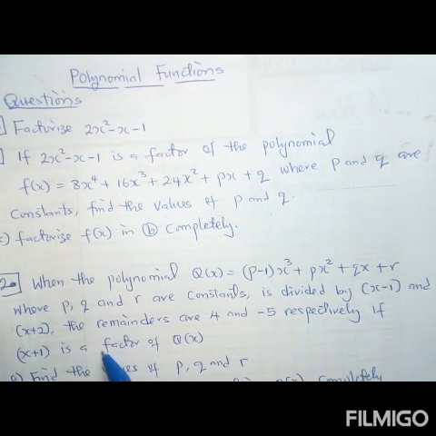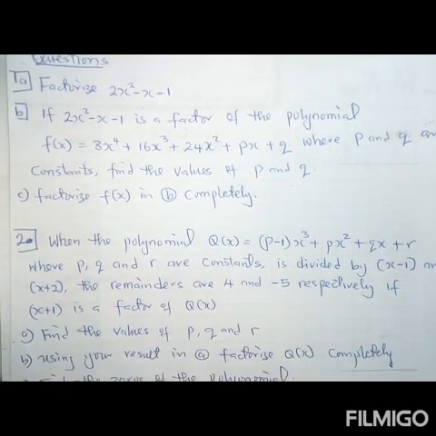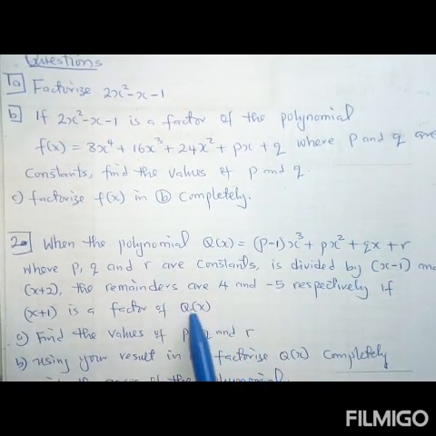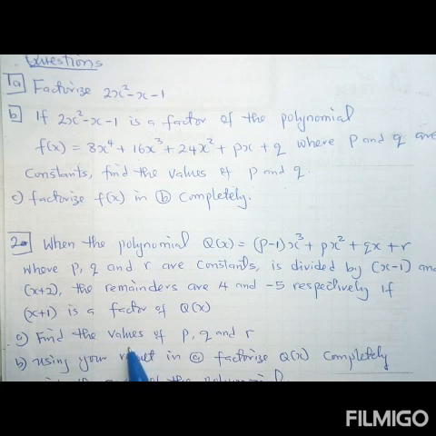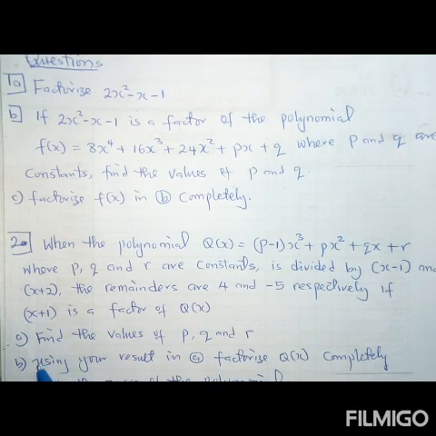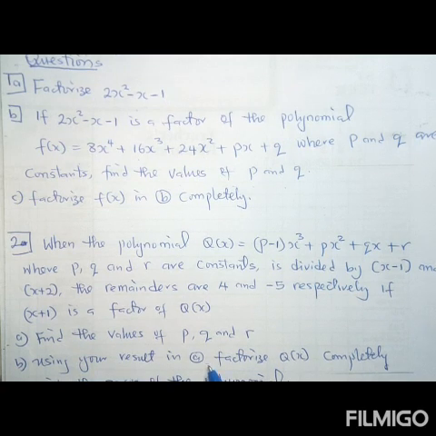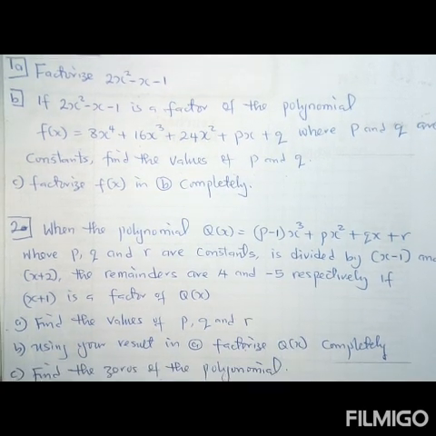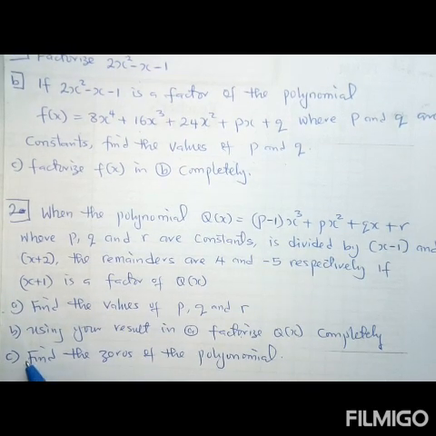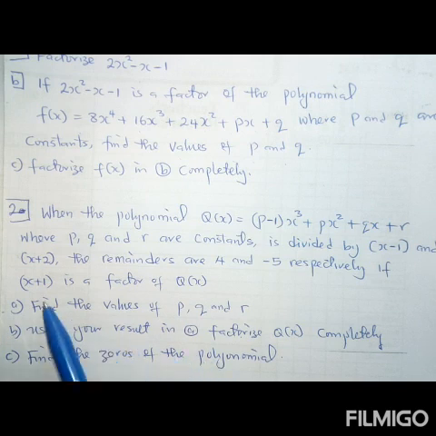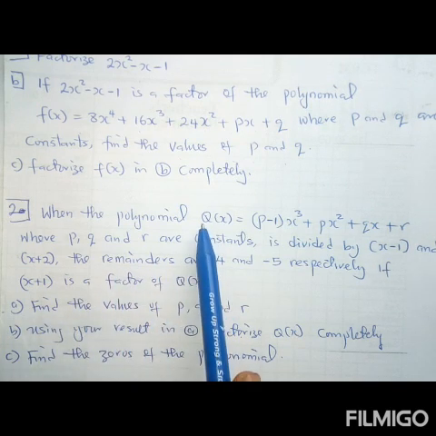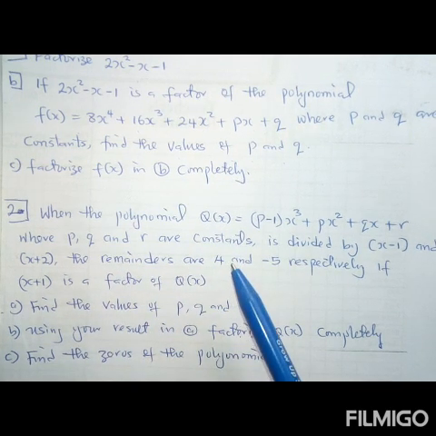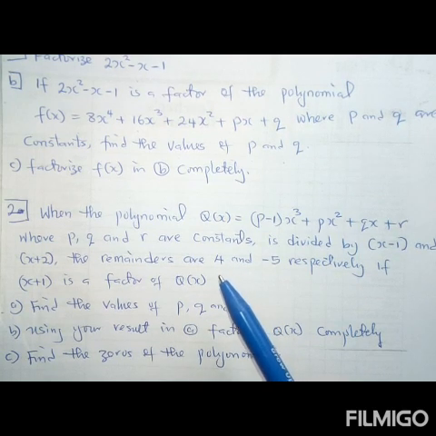If x plus 1 is a factor of the polynomial Q of x, A. Find the values of p, q, and r. B. Using your result in A above, factorize Q of x completely. And finally, find the zeros of the polynomial, that is the polynomial Q of x. So this is a long journey.